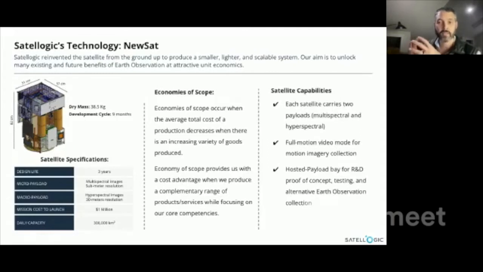So in 9 months, we can develop new technology and test it on orbit. If we have a constellation of 4, 6, or 10 satellites, we could theoretically test 10 different new technologies every launch, which is crazy. It's mind-blowing, but we could do that. And that's one of the disruptive ways that we've entered the market.